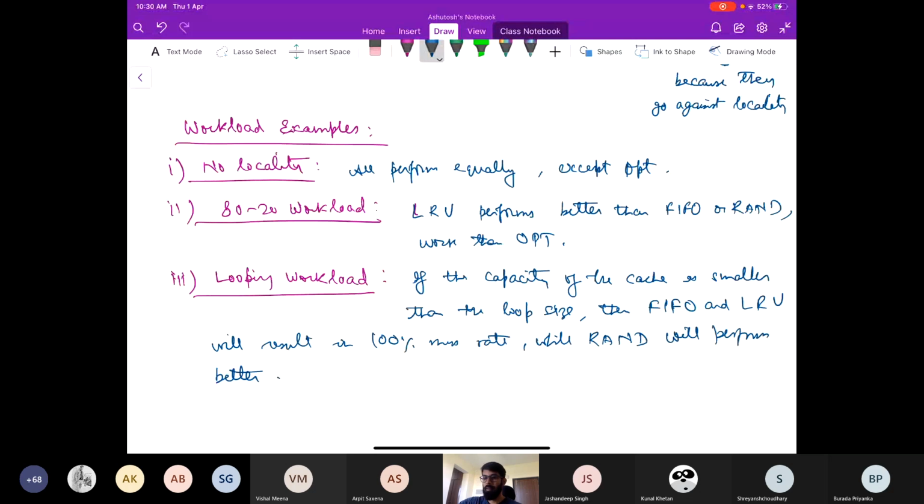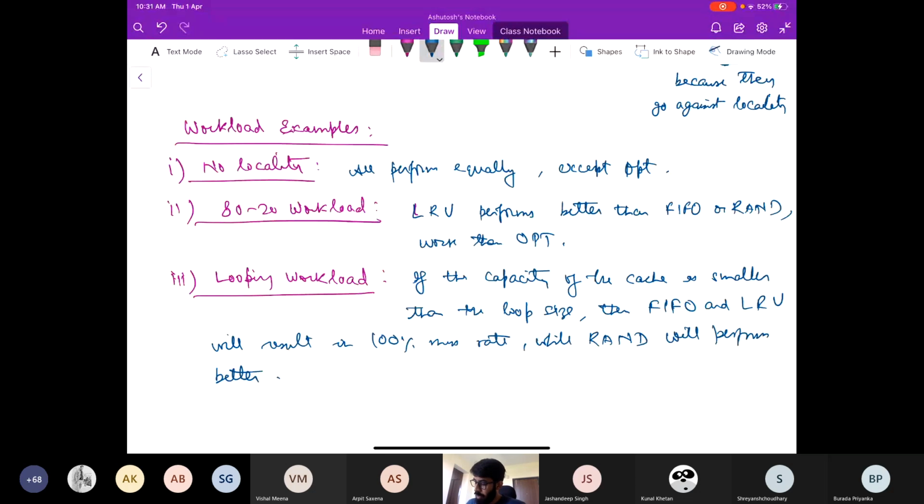Right? Why is this so? Because since it is looping through the memory, the first one is kicked out before the last one is brought into the memory. And since the first one is kicked out, the next time it is going to be brought in, it will result in a page fault.